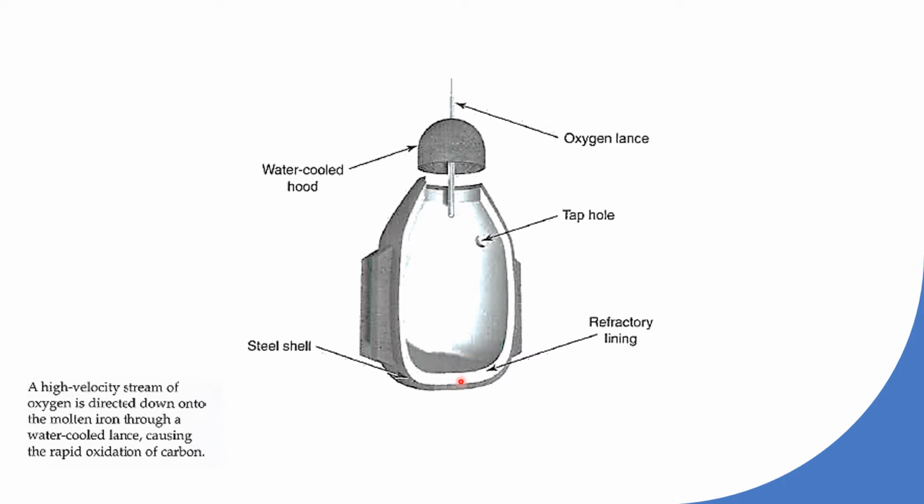And then at the bottom, okay, this is your refractory lining. Okay, and that's just your steel shell. So the reaction is right inside. We're just doing oxidation of your carbon because we want to remove the carbon, about 3%, from pig iron. Okay, so we get steel with 1% carbon.